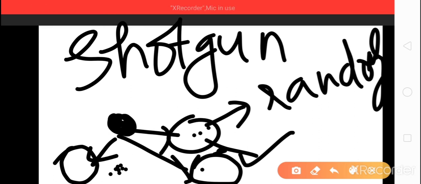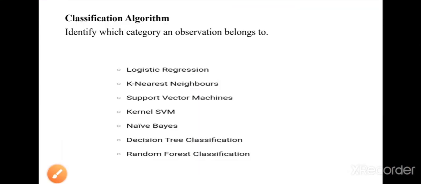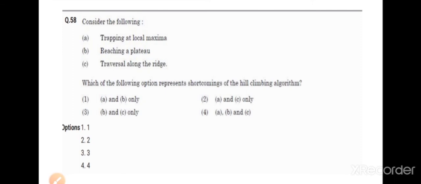Here we discussed what hill climbing is, the major disadvantages faced by hill climbing, and the different types of hill climbing algorithm. The question is to represent the shortcomings of the hill climbing algorithm.